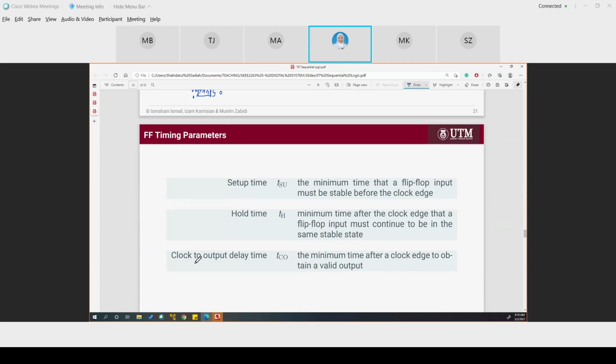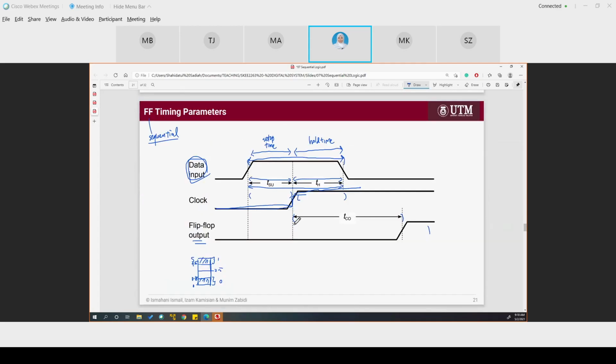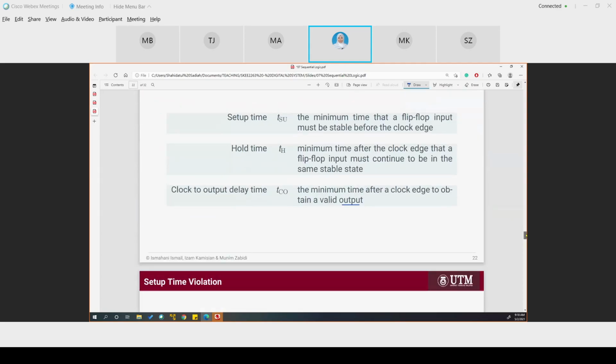And then clock to output delay time, or TCO, is the minimum time after the clock edge to obtain a valid output. It's for the output. After the clock arrival, there is some time that we call TCO, the clock to output delay time.